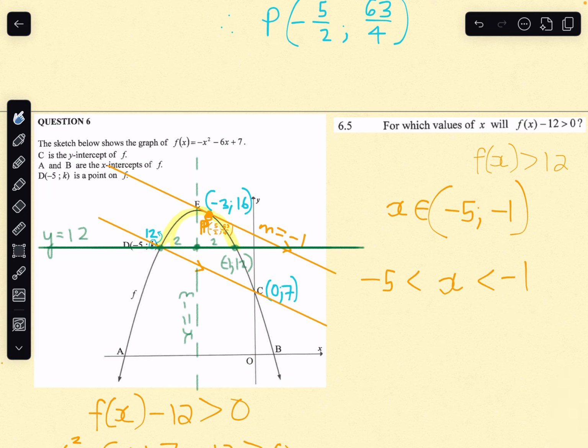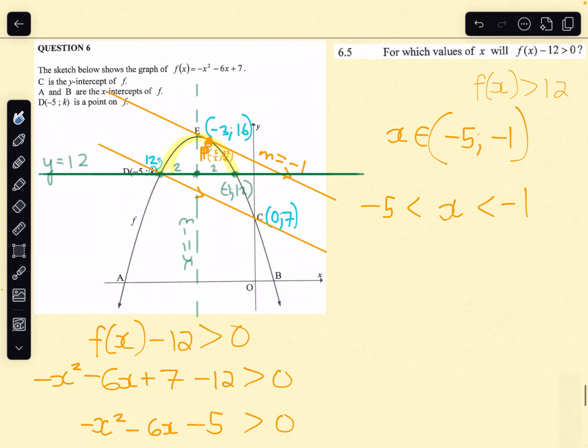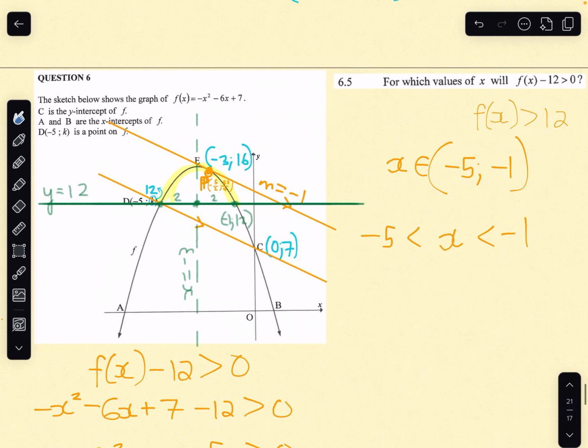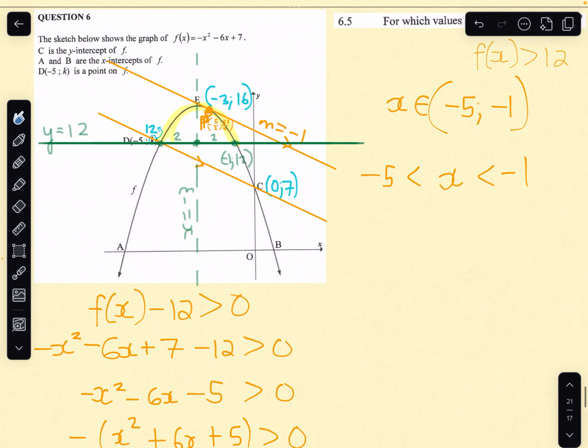The horror, the horror. How did we end up with different answers? Let's see. So we said f of x minus 12 greater than 0, minus x squared minus 6x plus 7, which is f of x, minus 12 greater than 0.